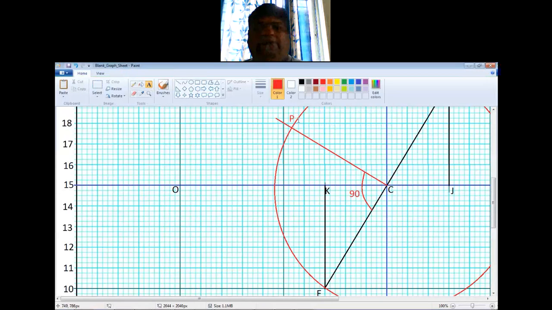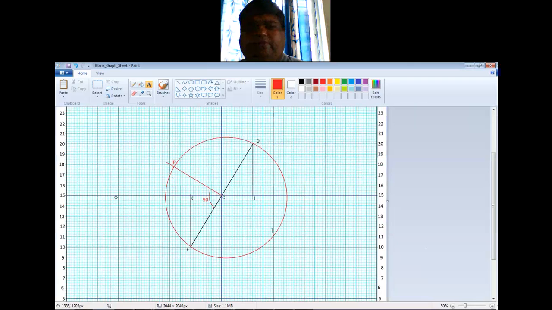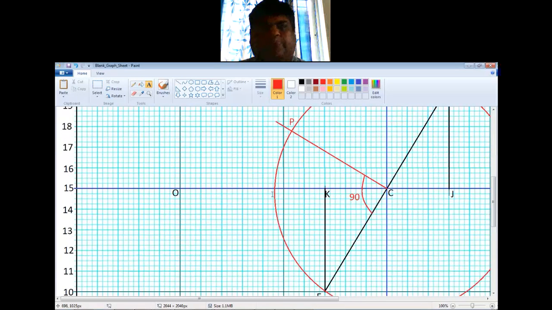Right. Now after this, is everyone with me? Have you completed so far? Have you drawn this much? Yes, sir. Okay, good. Then what you have to do from here is very simple. You just have to drop a perpendicular. Let me use black color again. From P to this horizontal line, right?